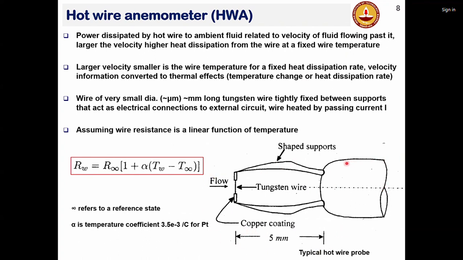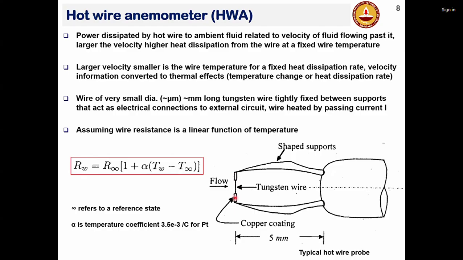So this is some kind of structure, mostly for support. On this bigger support, you have the shaped support, which is holding a very thin tungsten wire.